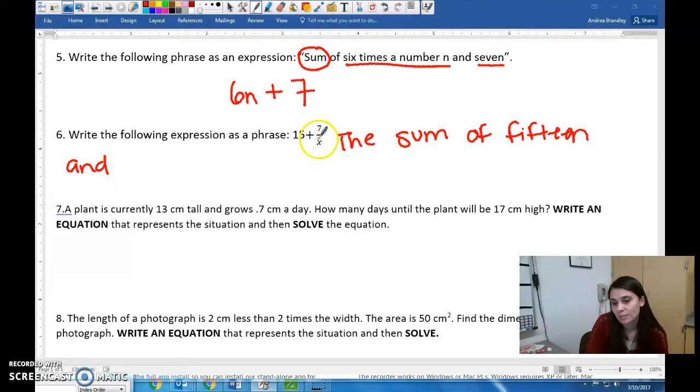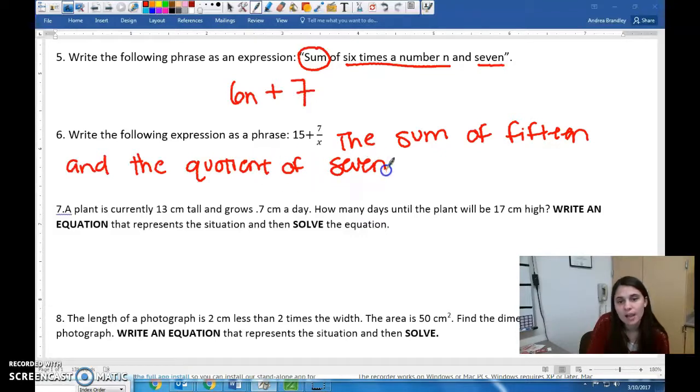This is 7 divided by x, and the solution to a division problem is termed the quotient. So the sum of 15 and the quotient of 7 and a number that in this case we called x.